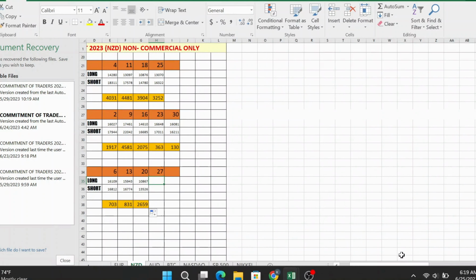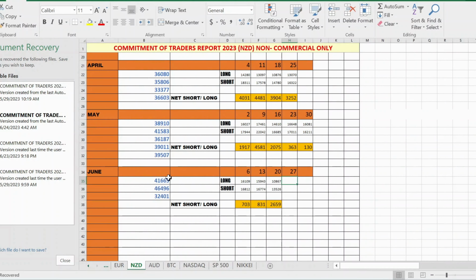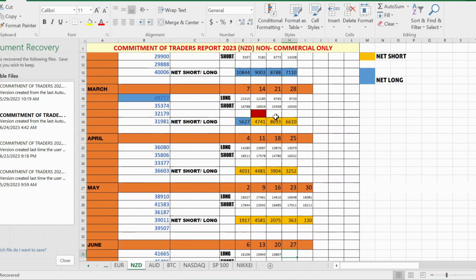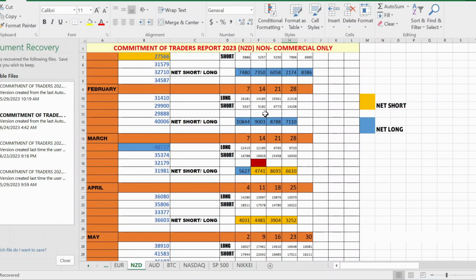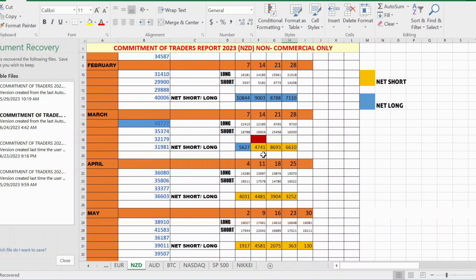So since the beginning of the year, the non-commercials were buying the New Zealand dollar, but at some point in March, the second week of March, there was a shift in sentiment from bullish to bearish, and since then they have been selling.